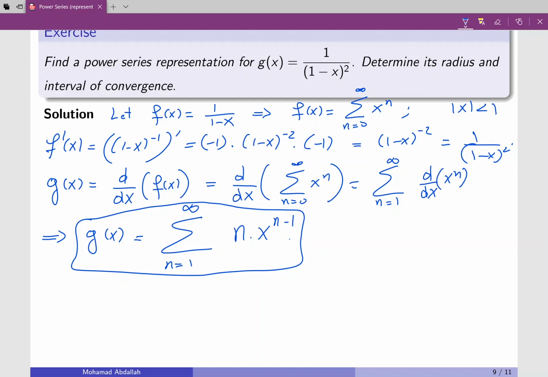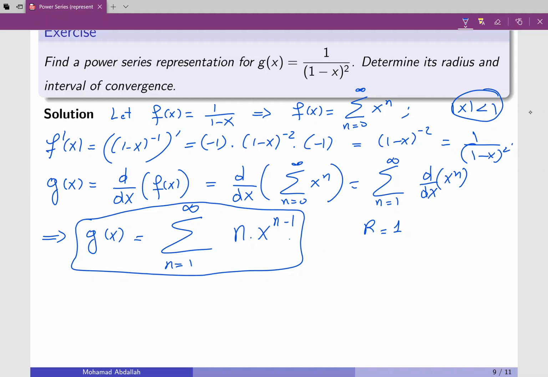I know that the radius of convergence from the beginning was 1. Okay, so I know that r is equal to 1. By the theorem, when you take the derivative or an antiderivative, it's going to be the same. So r is going to be 1. Now, you can check the endpoints.